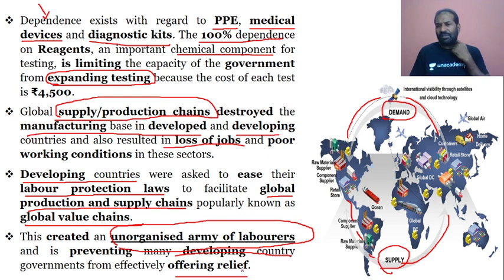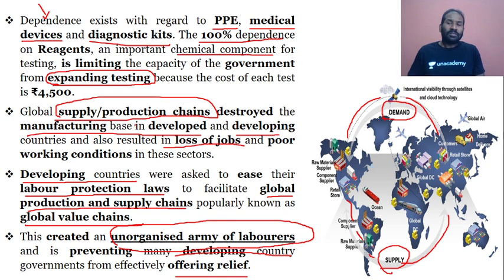Because in India, after the national lockdown, we have discussed at length in the various classes, it is because of the migrant workers, the employees in the unorganized or informal sectors. Because of this, the main badly hit were the migrant laborers. And this is what is creating a problem for the developing countries even now, that is the unorganized army.